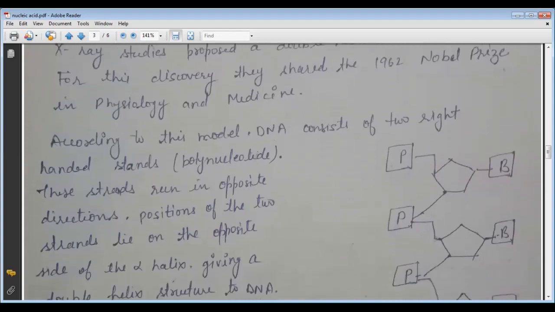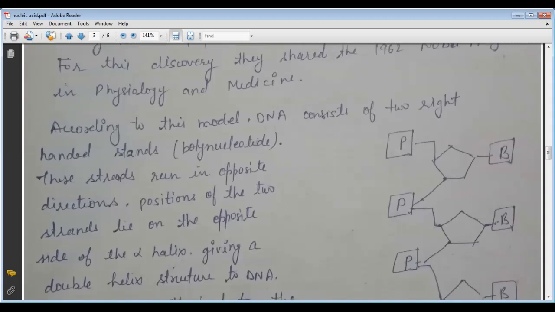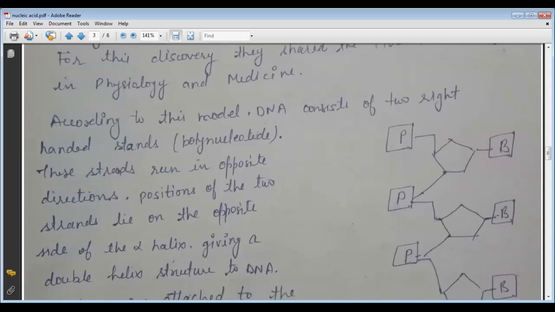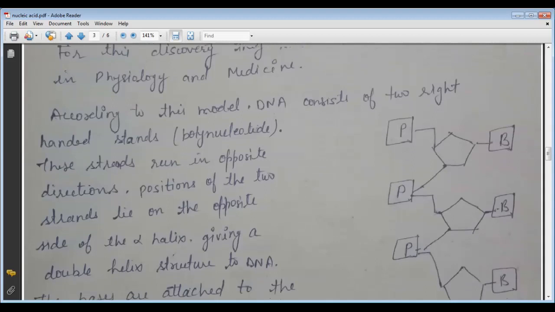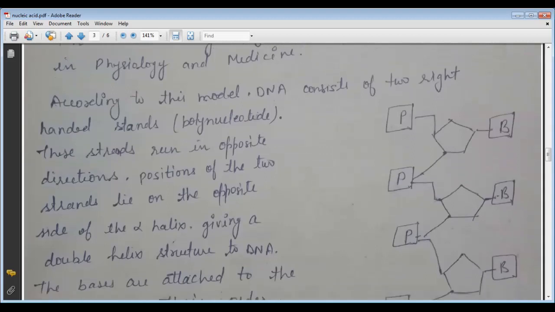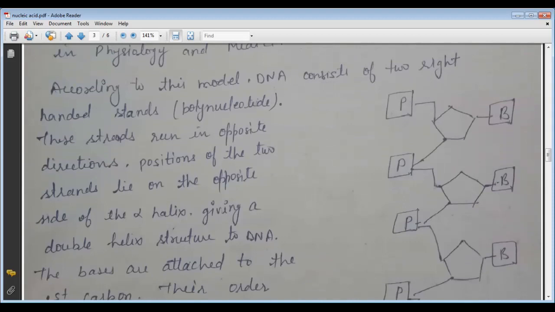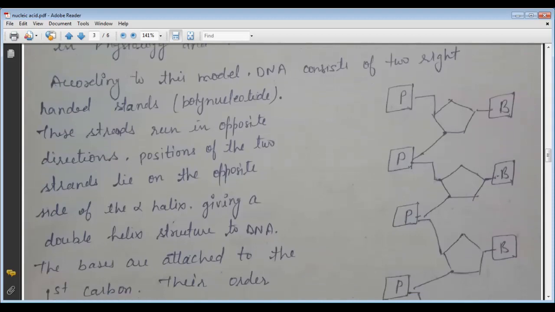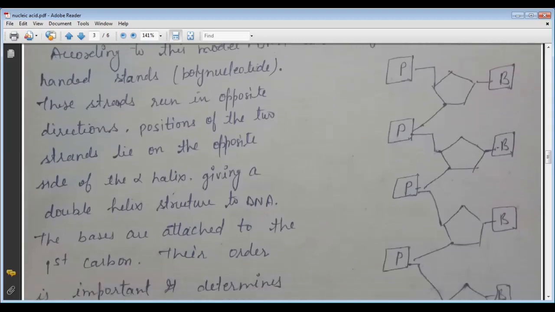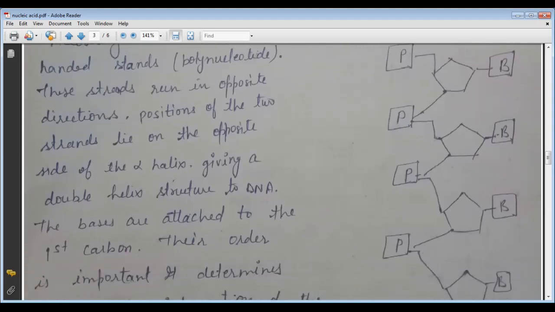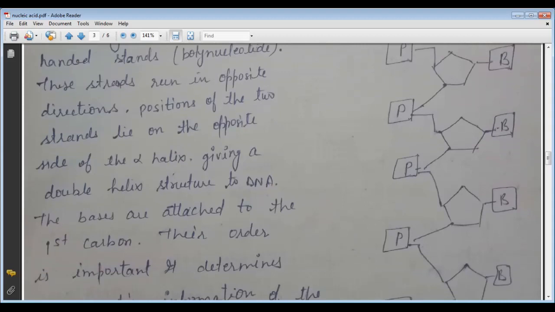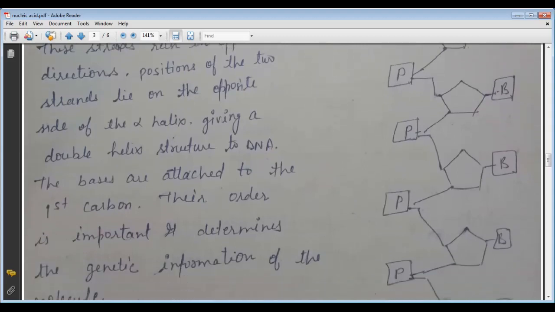According to the Watson and Crick model, DNA consists of two right-handed polynucleotide strands. These strands run in opposite directions and lie on opposite sides of the axis, giving a double helix structure to the DNA.